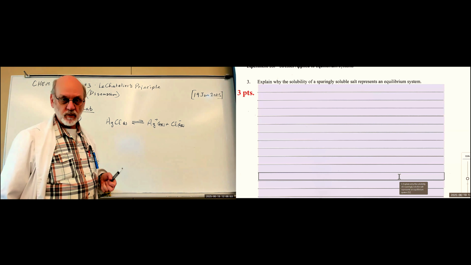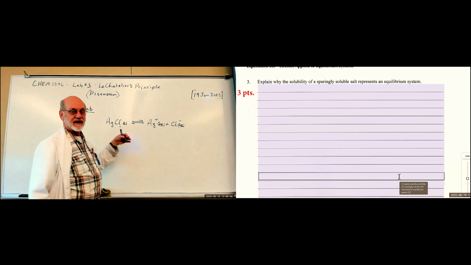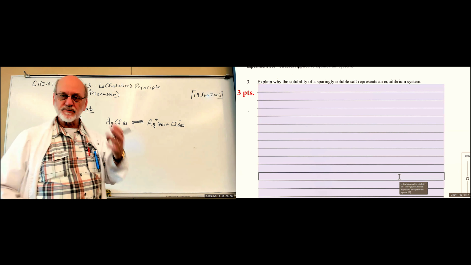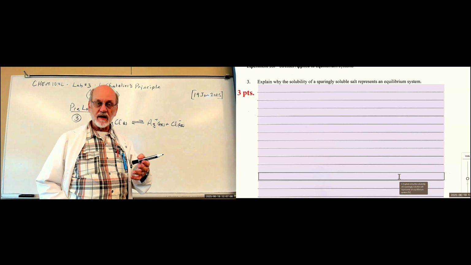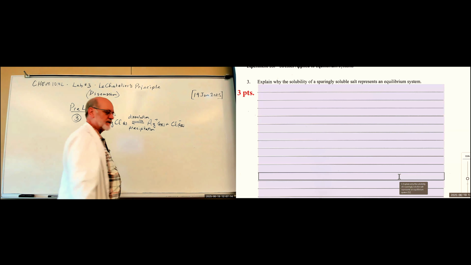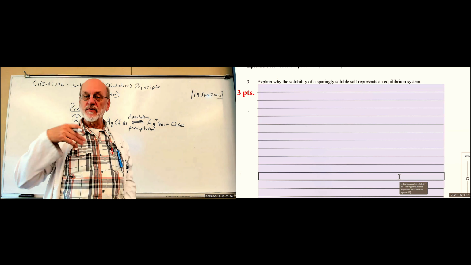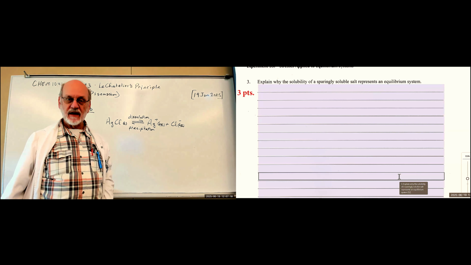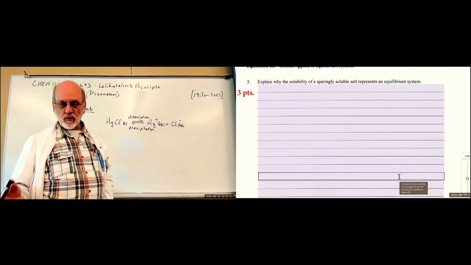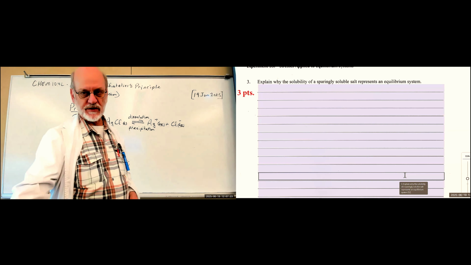Just explain what you know to be the fact of an equilibrium system for a sparingly soluble salt. The dissolution, which is this step, and this step is the precipitation. The rate of dissolution equals the rate of precipitation. That is an equilibrium system, as described here.